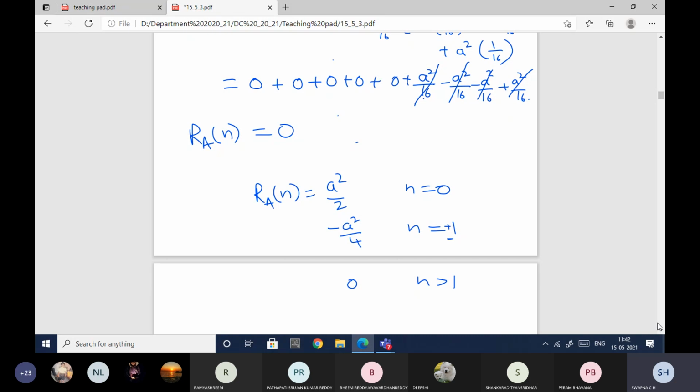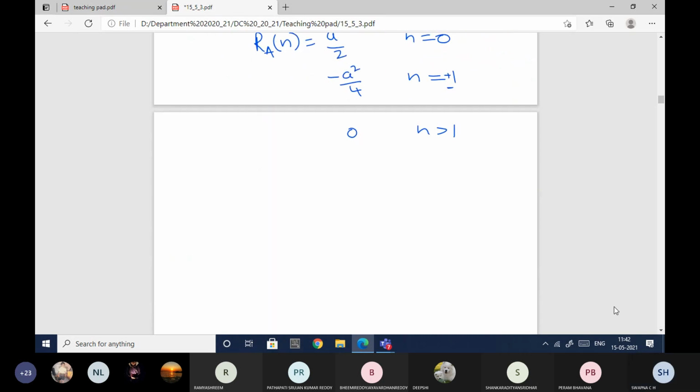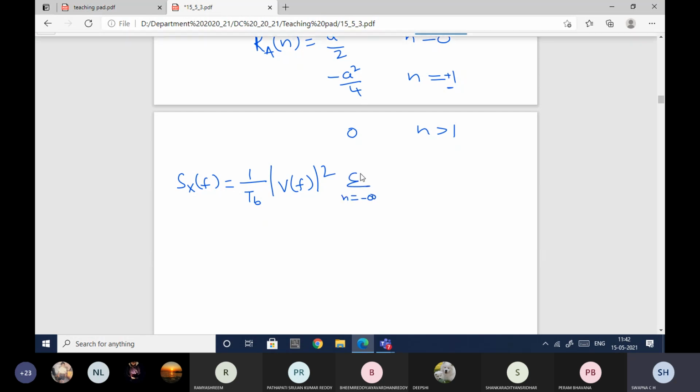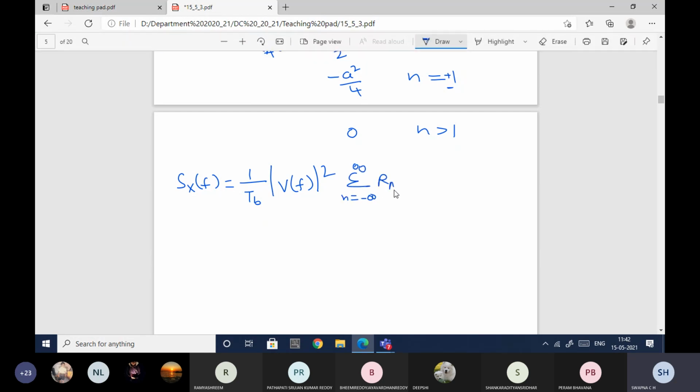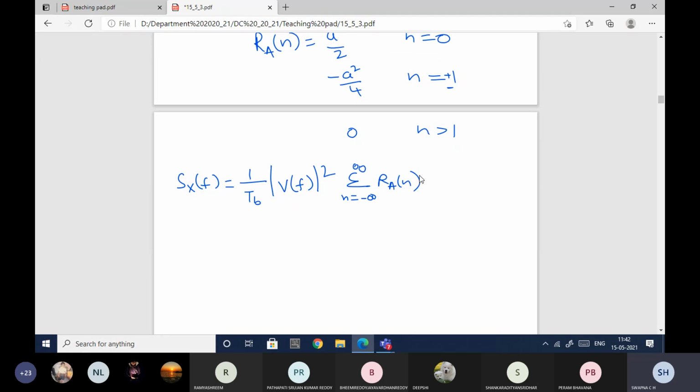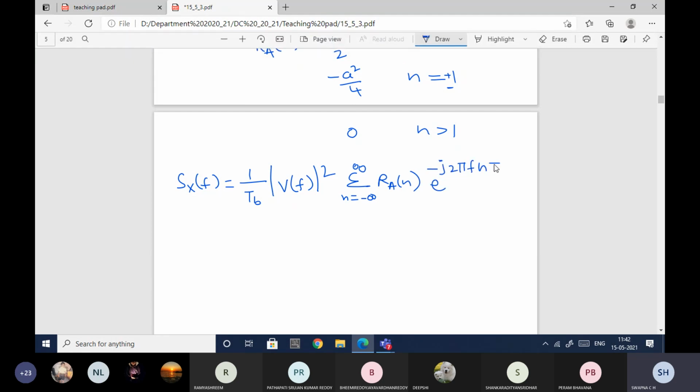Okay, so now let us substitute everything. So what is Sx of f? Sx of f is equal to 1 by tb mod v of f whole square, summation n is equal to minus infinity to plus infinity array of n e power minus j 2 pi f n tb.